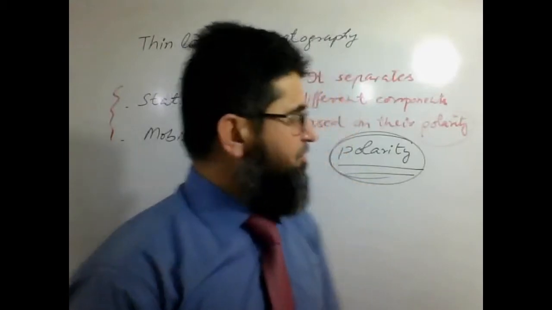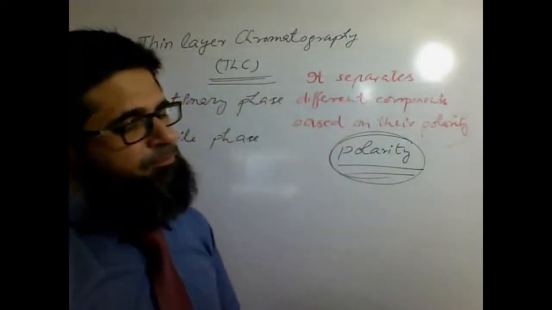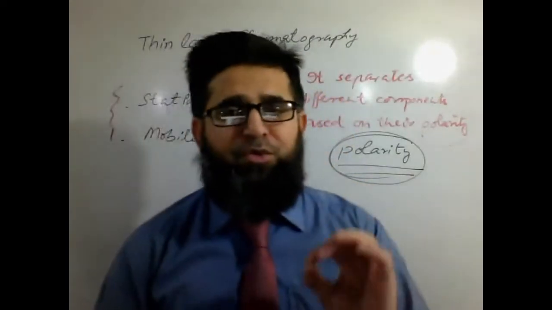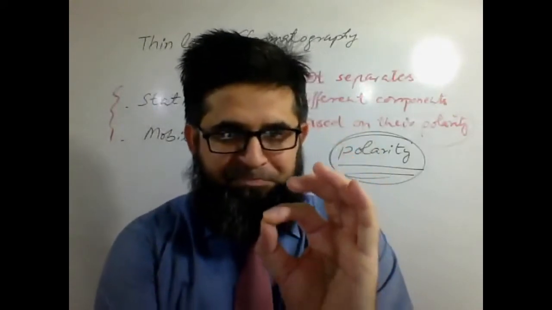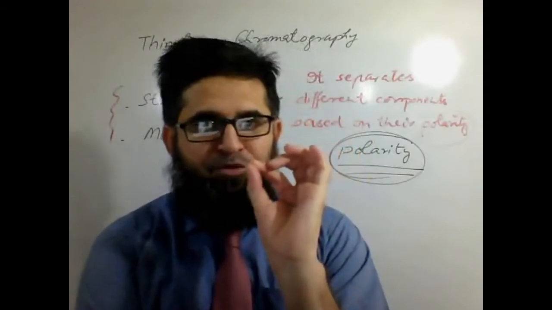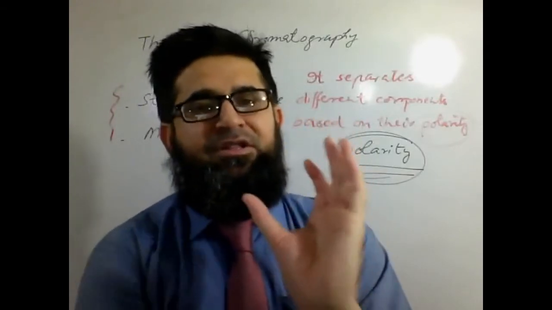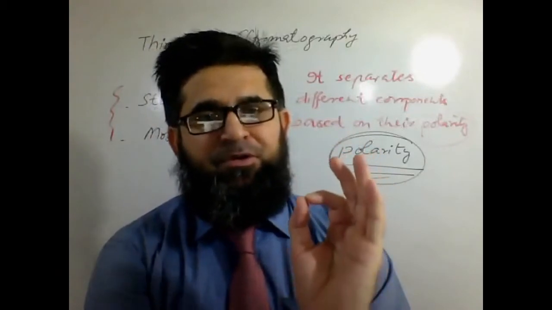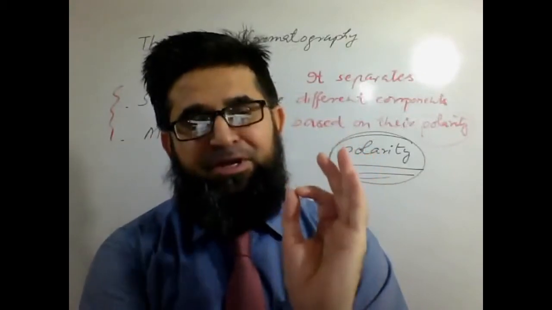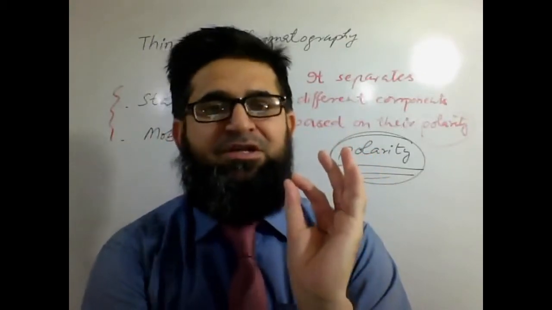So this is how we can identify that if the compound shows only a single spot on the TLC, then the given sample is supposed to be pure, because it is showing a single spot.